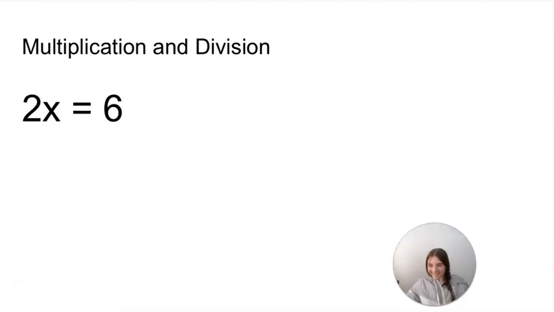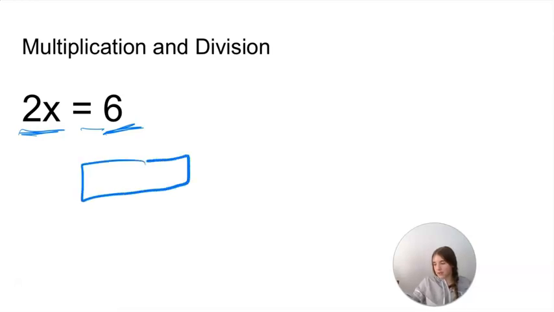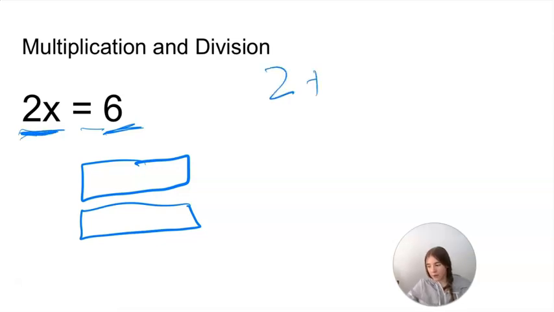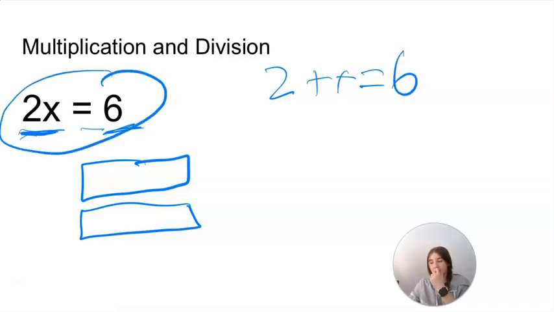Go for it. Okay. So this says 2x equals 6. How we would do that would be 2 boxes like that, because it's 2x, not 2 plus x equals 6. It's 2x equals 6.